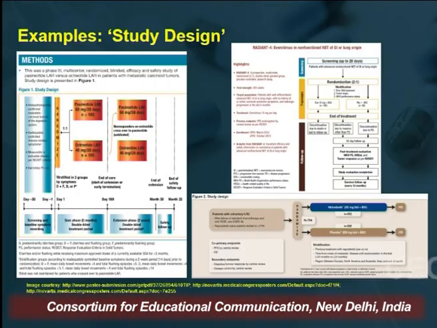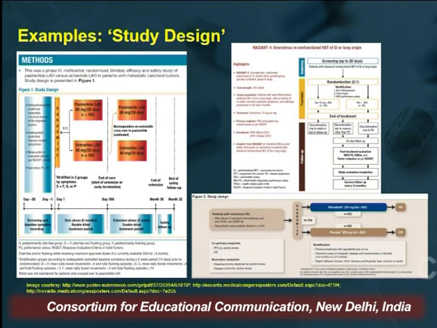So this is an example of study design where a flowchart method has been used to describe your study design. What was the inclusion criteria? It was a randomized control trial with 2 different arms. What drug was used in arm A, and what drug was used in arm B. What was the study duration, from day 0 to day 10, day 15, and then moving ahead in a similar way.